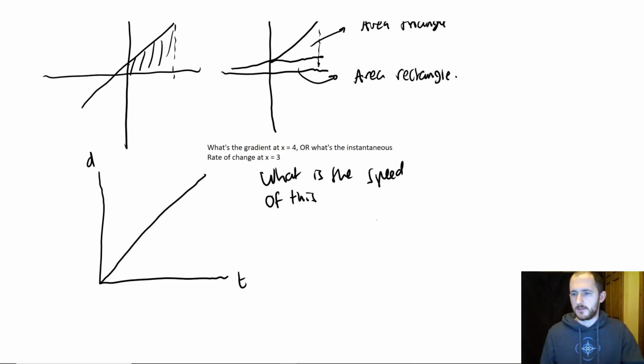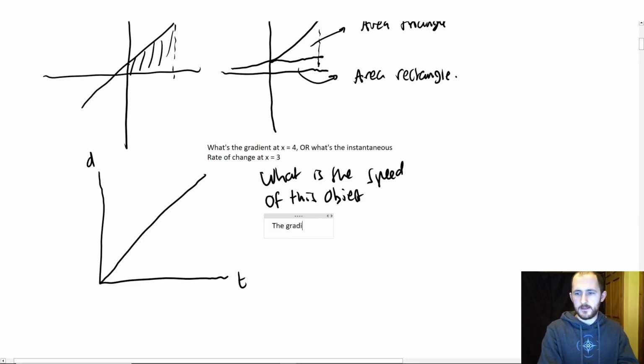Like, topic. What is the speed of this object, right? So what they're basically expecting you to be able to do is relate the fact that the gradient of a distance time graph is equal to speed. Okay?